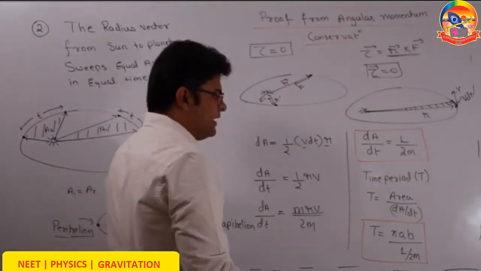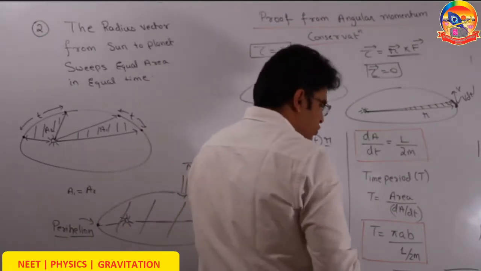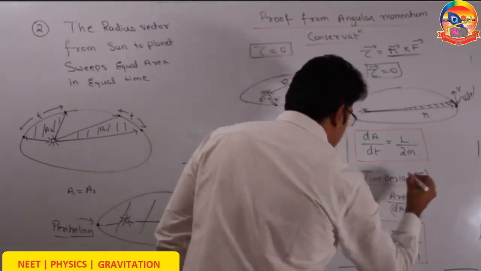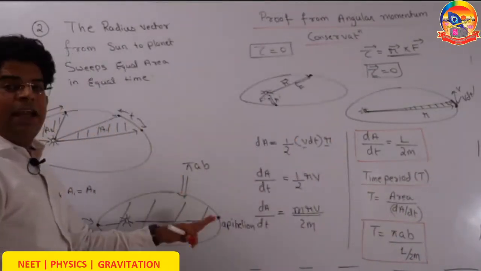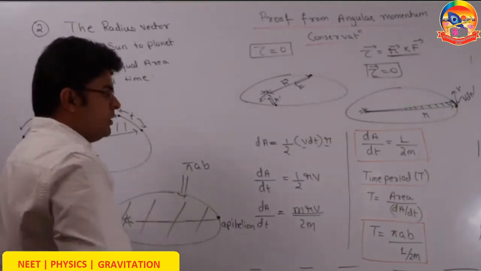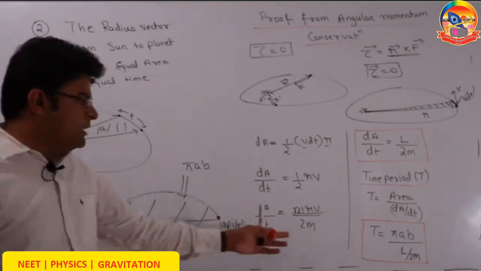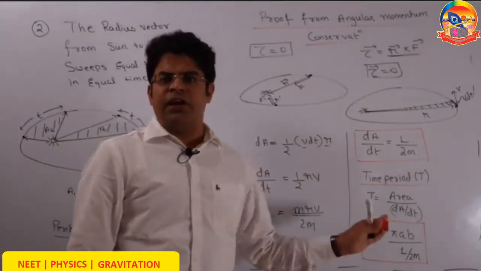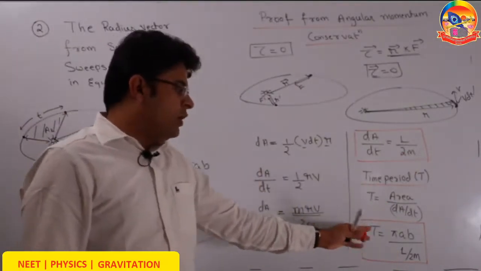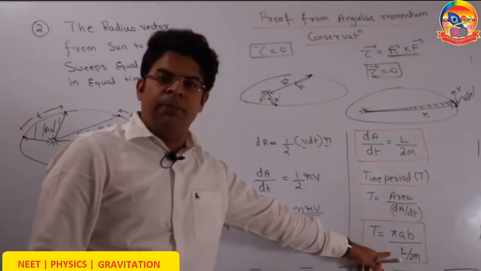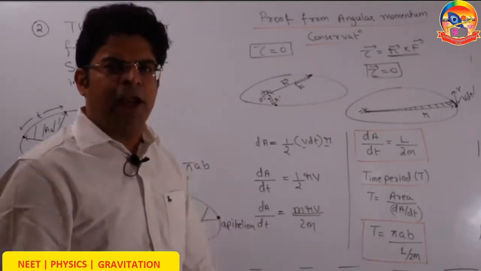So now we can say the time period can also be expressed as the total area of the ellipse divided by the rate of sweeping of area. The rate of sweeping of area is L by 2m. The area of the whole ellipse is pi ab. So the time period can be written as pi ab upon the rate of sweeping of area, that is L by 2 times the mass of the planet.